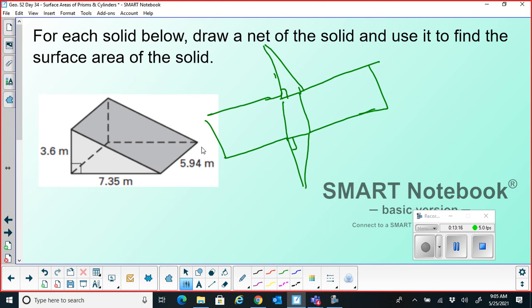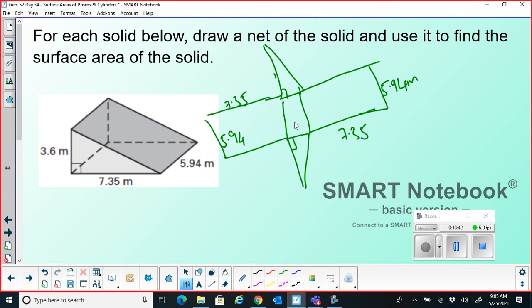Okay, let's label this. I have the width of this rectangle as 5.94 meters and the length of this rectangle as 7.35 meters, which is same for this as well. These two rectangles are congruent. This is 7.35 and this is 5.94. Same way, this is a rectangle.